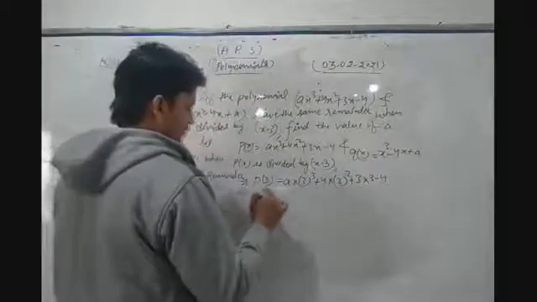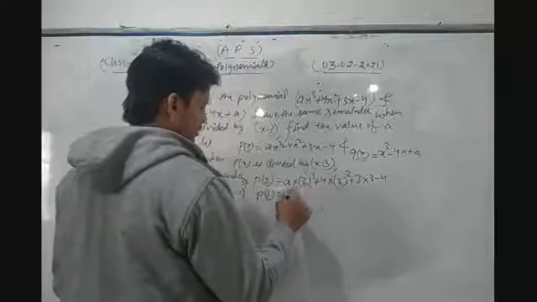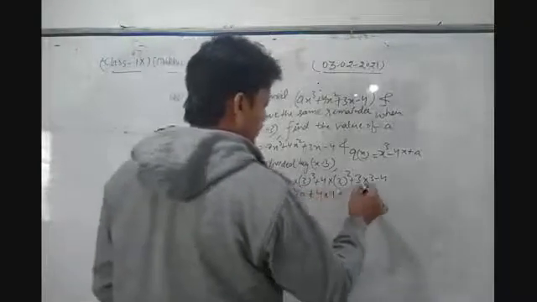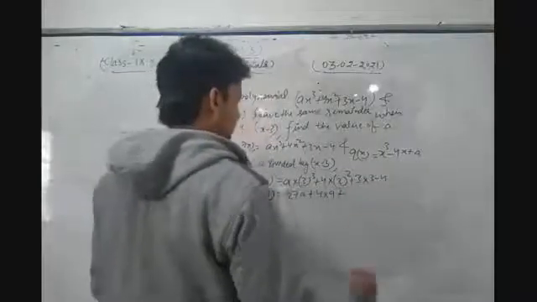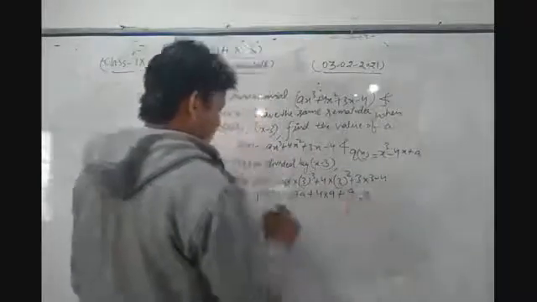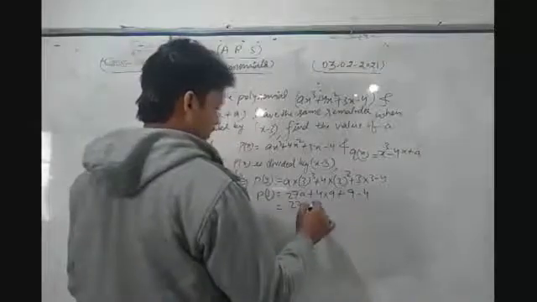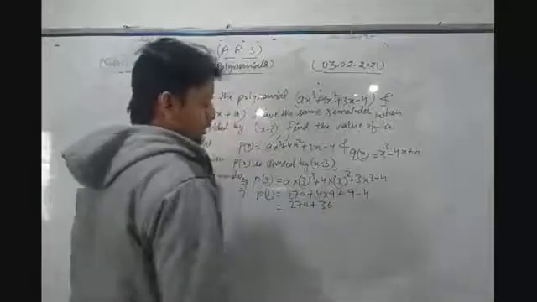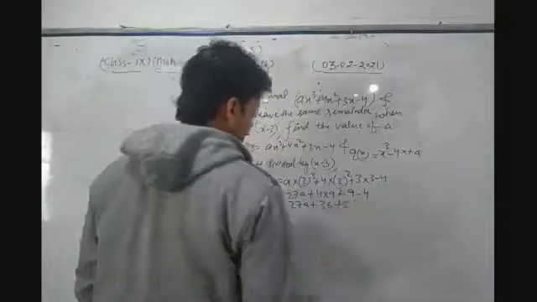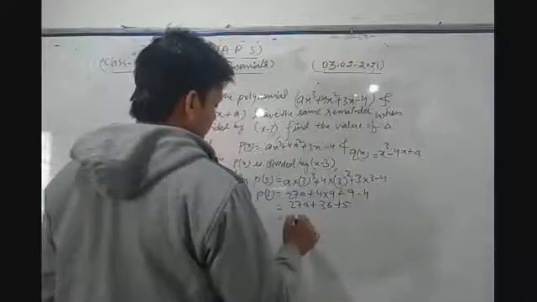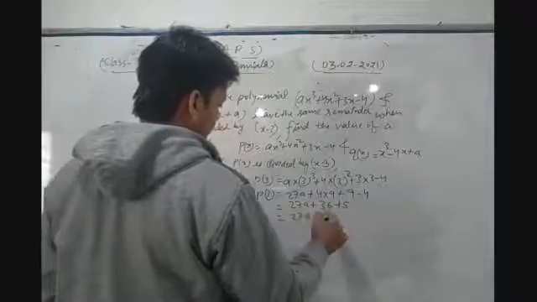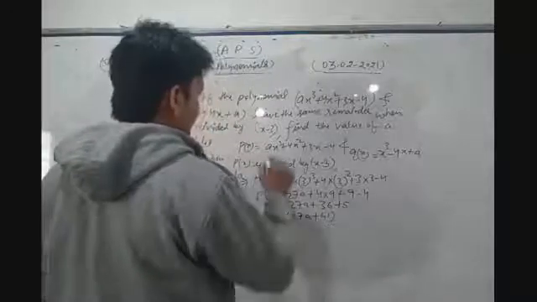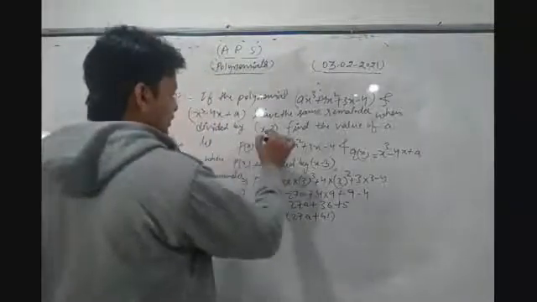That is, p of 3 means the remainder is 27a plus 4 into 9 is 36, plus 9, minus 4, that is plus 41. So we get 27a plus 41. This is the remainder when the polynomial p of x is divided by x minus 3.